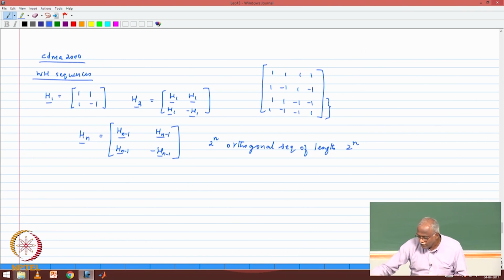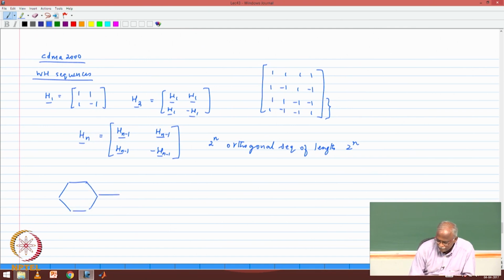What is it that can make a particular sequence look different from a shifted version? What is it that can make it look like a shifted version? Now this problem had to actually be solved for a CDMA system. So basically in a CDMA system, we will go back to drawing our hexagons.